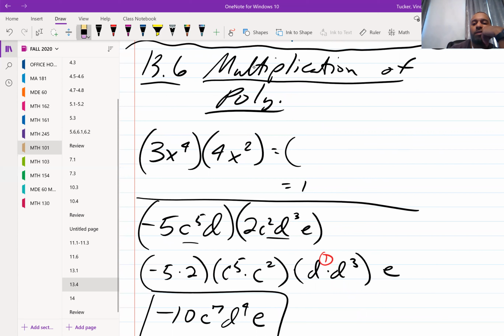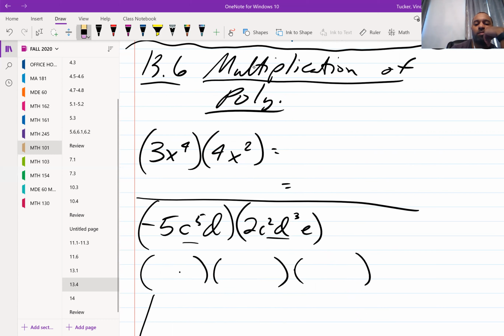Erase some of this stuff. All right, so let's look at multiplication of polynomials, another short section.